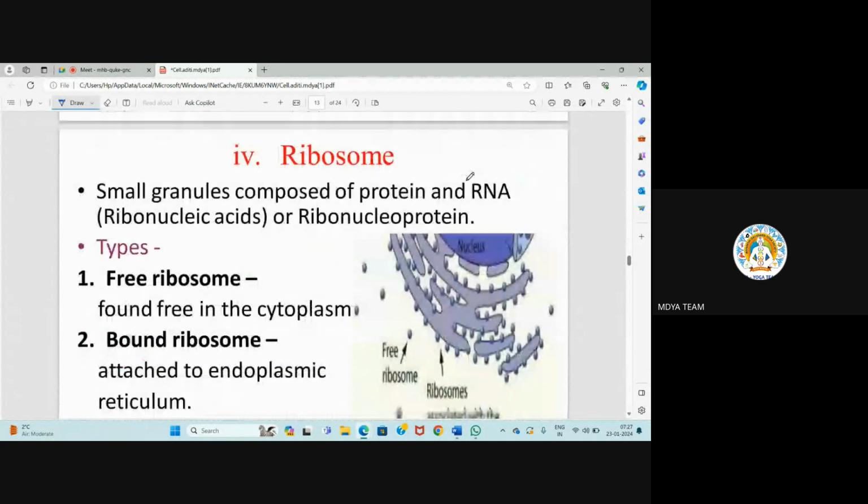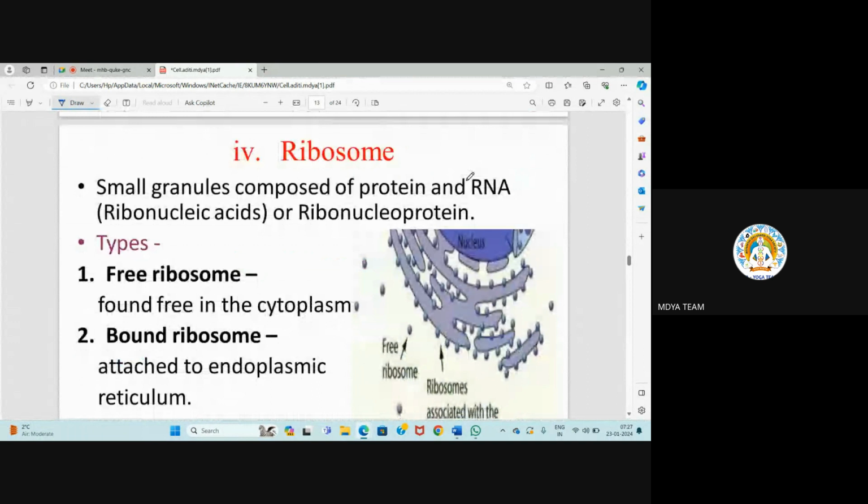So next is ribosome. So ribosome is small granules composed of protein and RNA. RNA means ribonucleic acids, which are produced from nucleus.